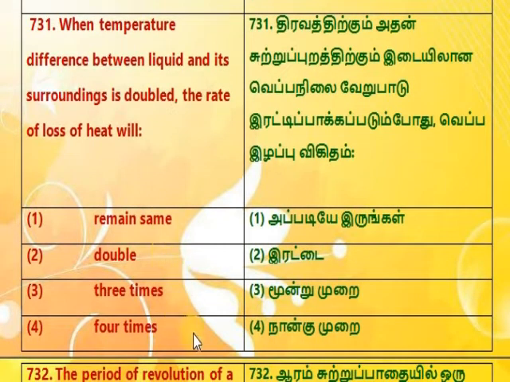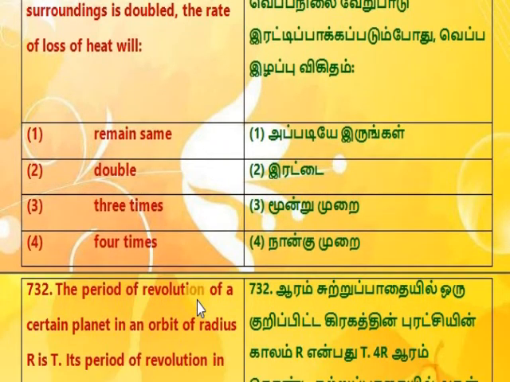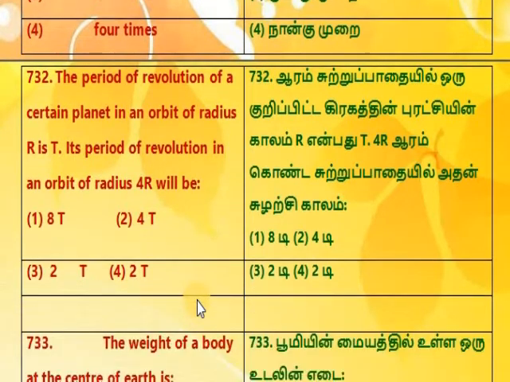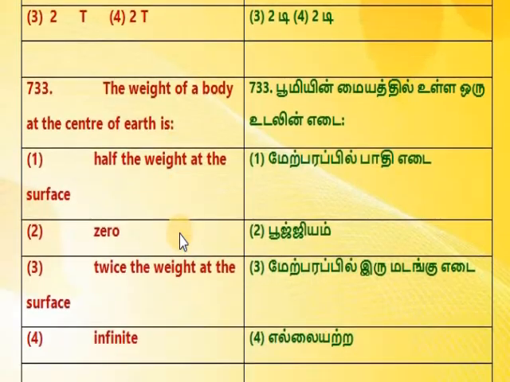Remain same. 2. Double. 3. 3 times. 4. 4 times. 732. The period of revolution of a certain planet in an orbit of radius r is t. Its period of revolution in an orbit of radius 4r will be 1. 8t, 2. 4t, 3. 2t, 4. t.